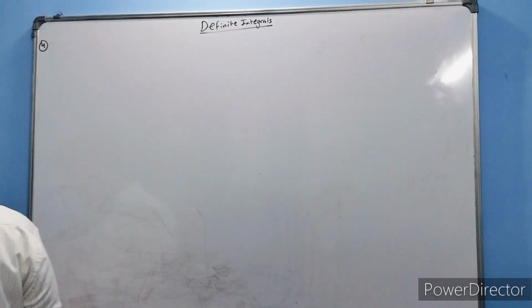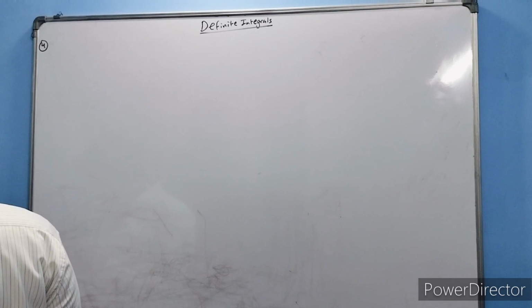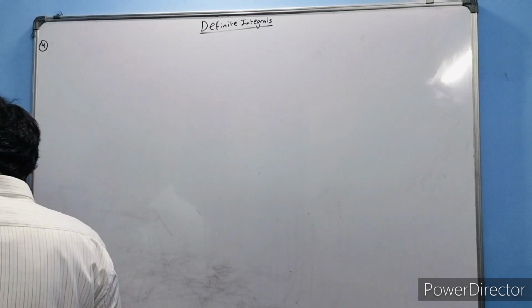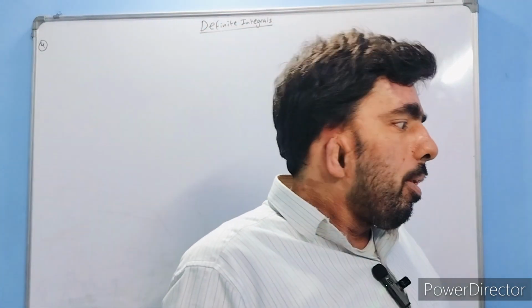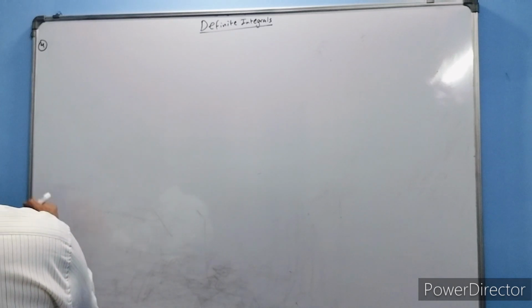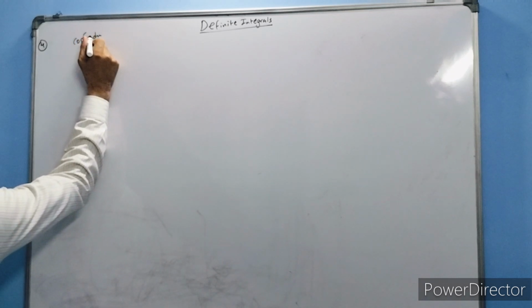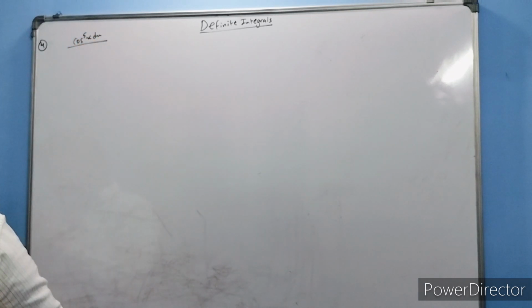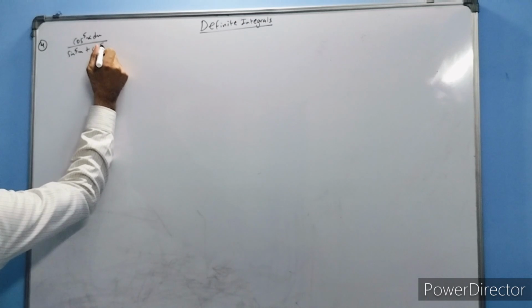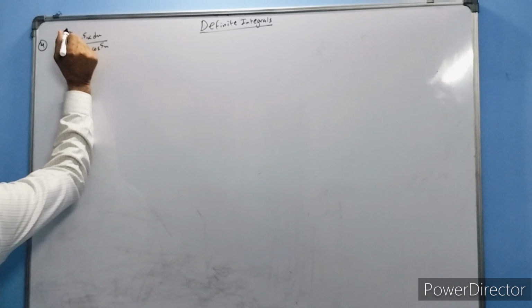The fourth numerical we have is the integral from 0 to pi by 2 of cos 5x dx upon sin 5x plus cos 5x.